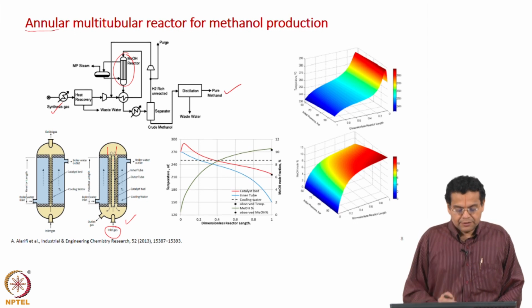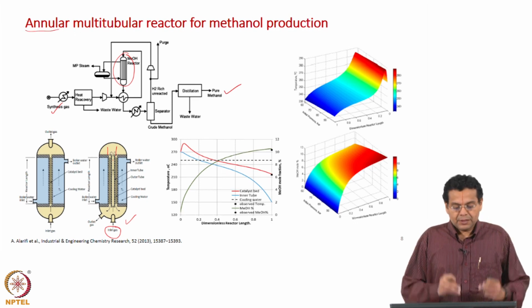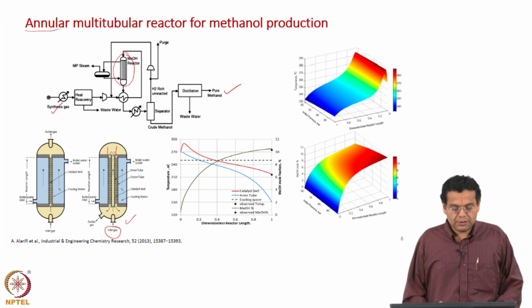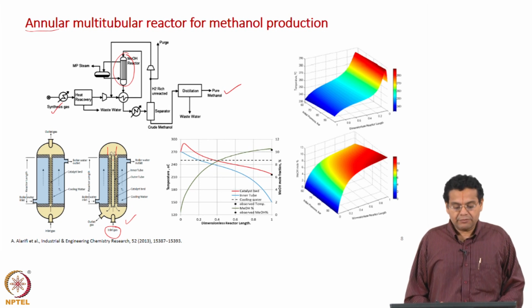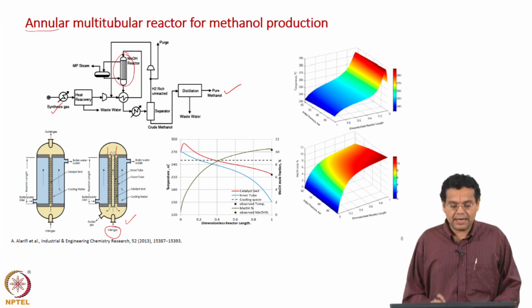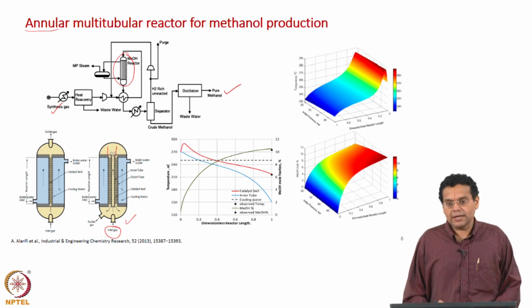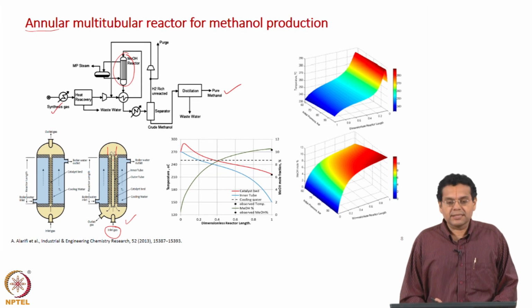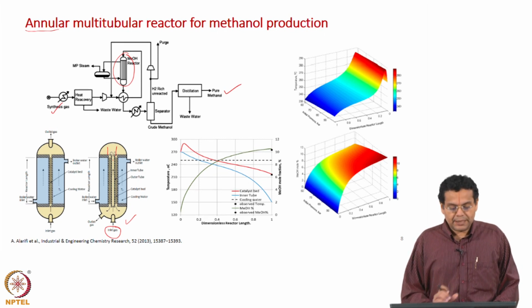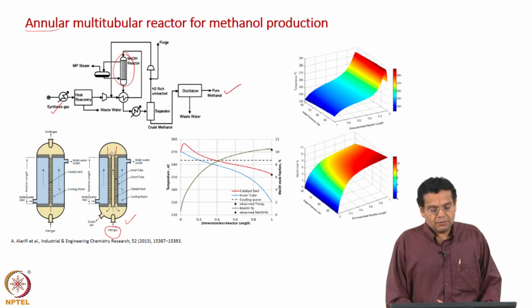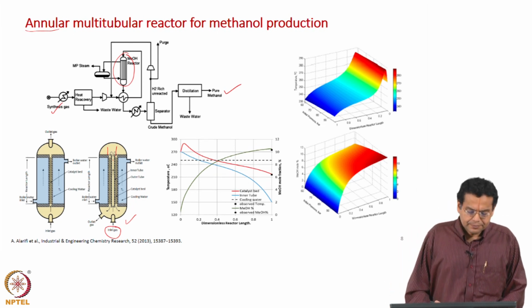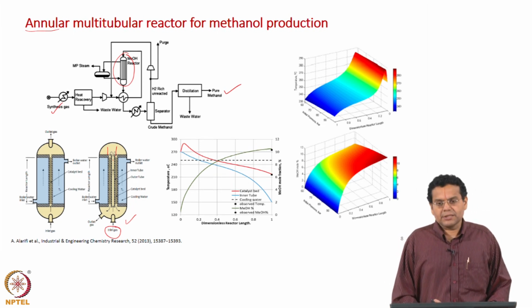So, feed gas enters the inner tube and then flows down through the annular region where we have packed the catalyst. It is a catalytic reaction, and because it is exothermic we use a coolant. Now, to efficiently design this reactor, predict its performance, once again we will have to solve the conservation equations.